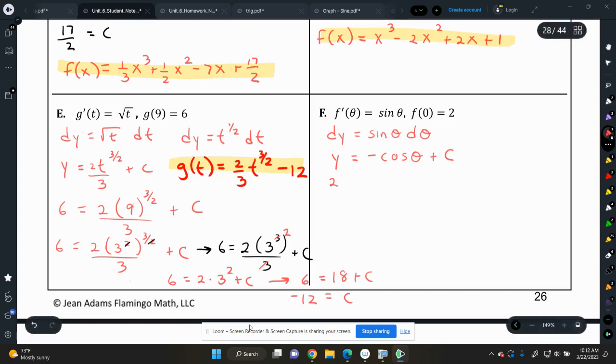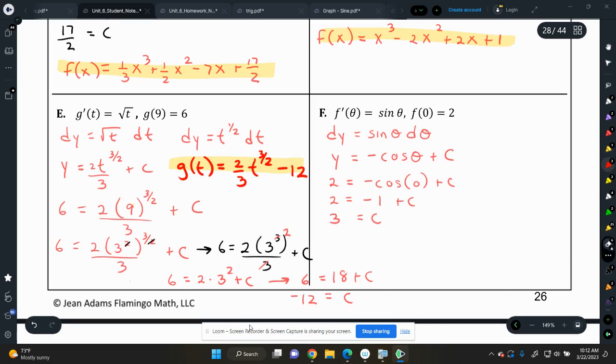So we get 2 equals negative cosine of 0. What's the cosine of 0? 1. So 2 equals negative 1 plus c. So c equals 3.